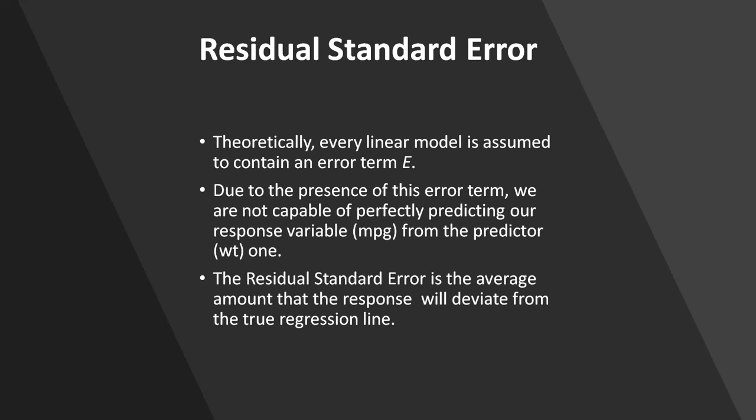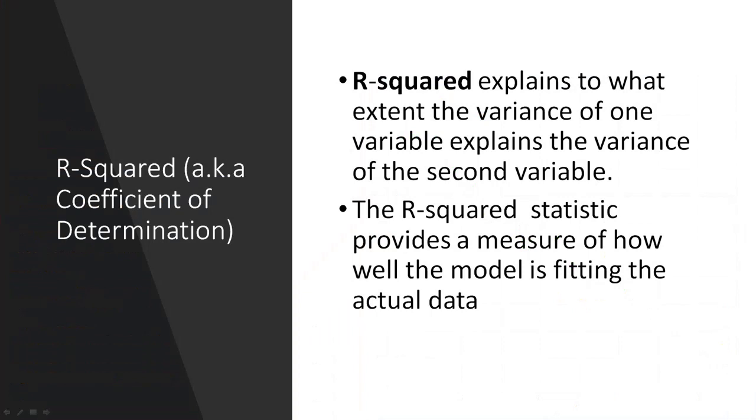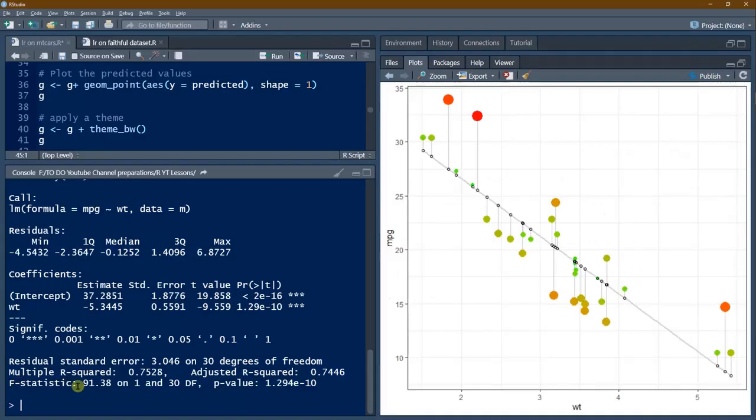There are going to be errors, and residual standard error is just basically an estimate of that. And R square 0.7 is a good value. Adjusted R square comes only when basically more than one variable is available. And F statistic is basically for finding the overall significance of this model.